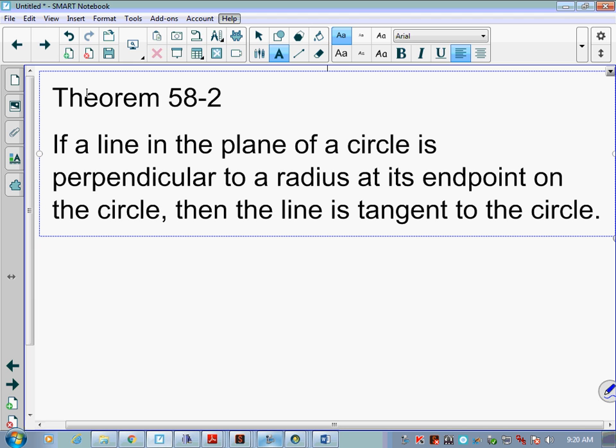That is essentially the converse statement of Theorem 58-1. The other one said if a line is tangent to a circle, then it's perpendicular to the radius. This one says if it is perpendicular to the radius, then it's tangent to the circle. They go back and forth. One already knows one part of it, therefore proves the second. The other one says we know the second, therefore it proves the first.